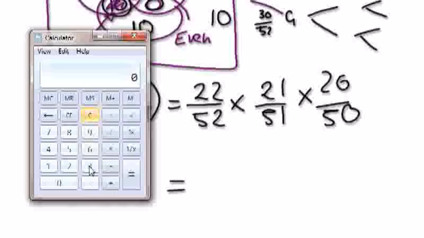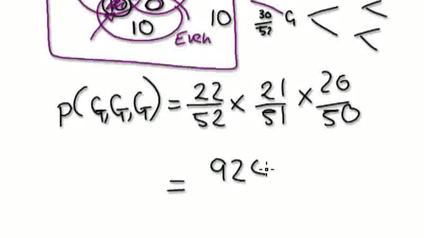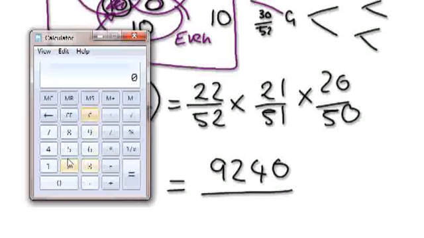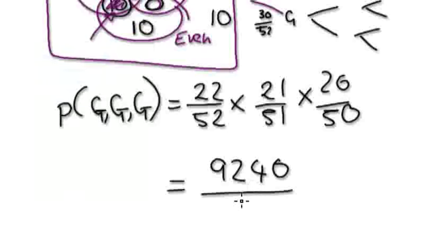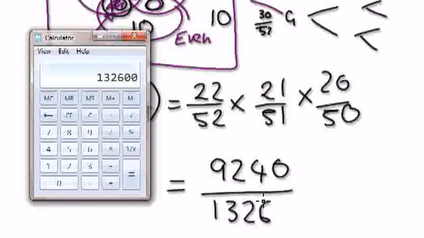Clear, 22 times 21 times 20 equals 9240, and then 52 times 51 times 50 equals 132600.